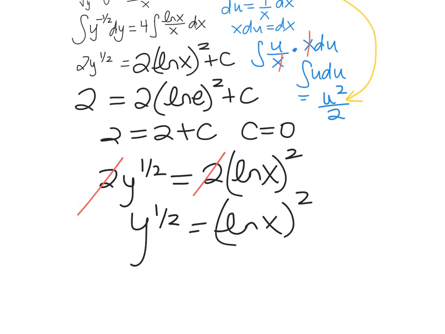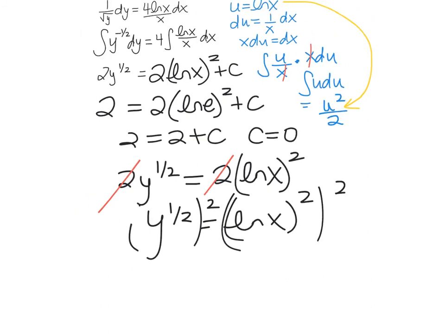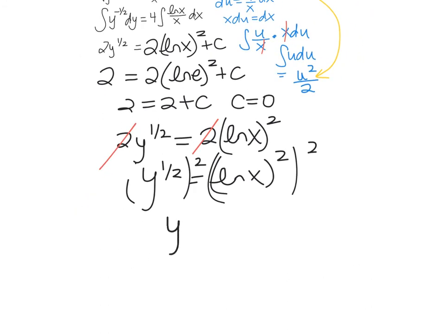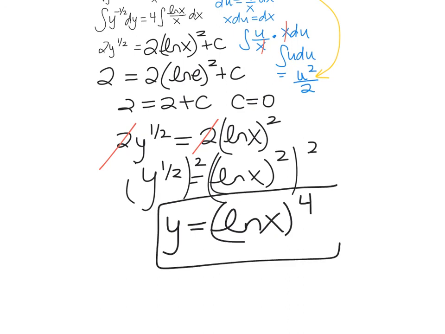And then we're solving for y, so we want to square both sides, because that's the square root of y. A squared to a squared is a 4th. So y equals the natural log of x to the 4th power. Ooh, that one's clean. When you do an exponent to another exponent, you multiply. Yep.